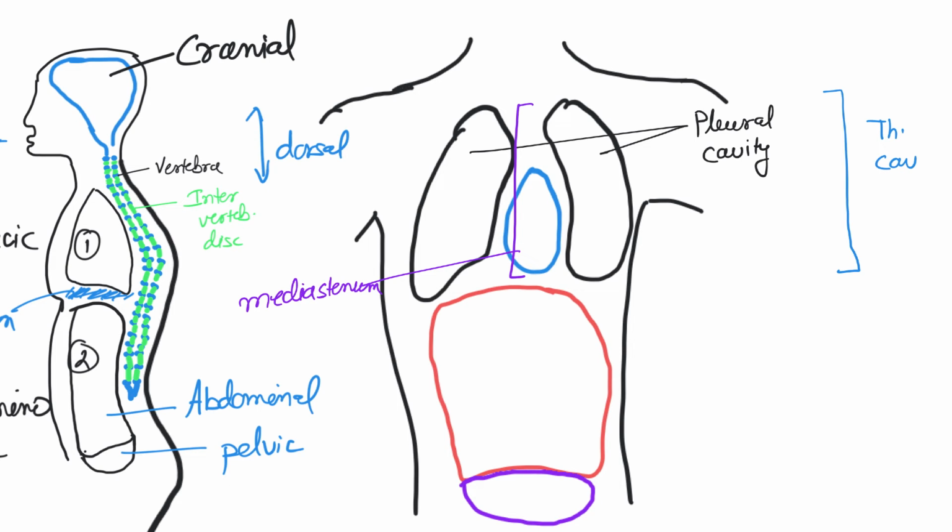And this whole region is mediastinum, and in between the pleural cavities, this one is the pericardial cavity. That means this is the one that is going to house our little heart, right?